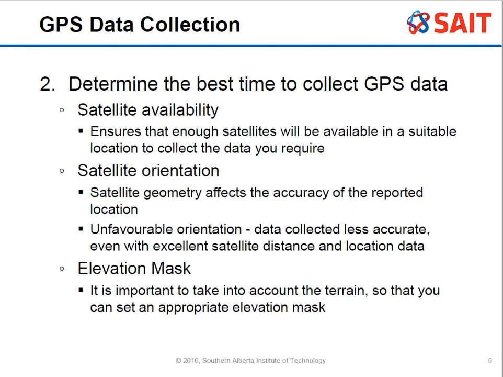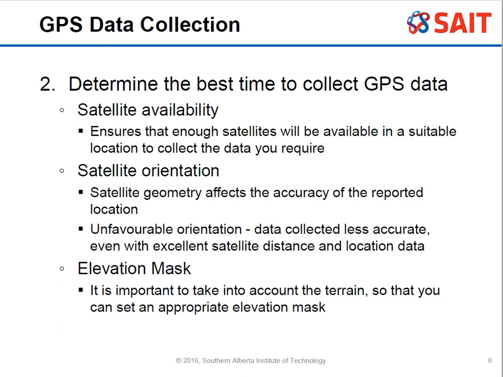So I've already kind of gone through these a little bit, but I'm going to try to go again here. So with satellite availability, you need to make sure you have a minimum of 4 satellites. I know most of the stuff that we are doing in this class, we don't necessarily need elevation, but if you have a minimum of 4 satellites, then you know that you're getting all the details that you need with the best precision you can get.